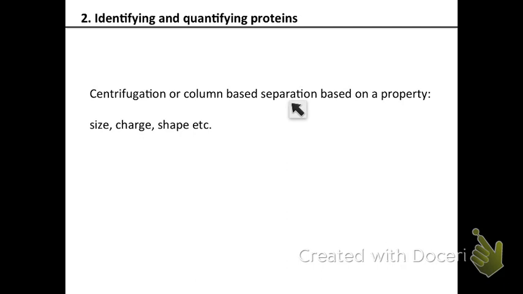Different proteins have different properties such as the length, the charge, and the shape of the protein. The principle of these methods is the separation of the proteins based on their different properties.